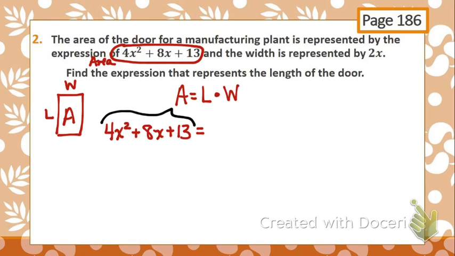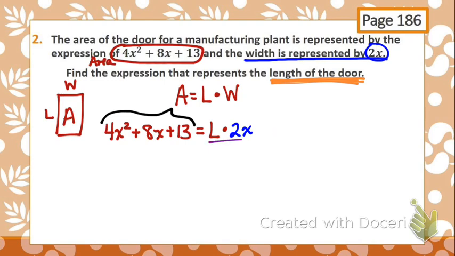What else did they give me? The width. The width is represented by 2x. I know this is length times width, so I'm going to put the 2x in here for width. Find the expression that represents the length. How do I get L by itself here?